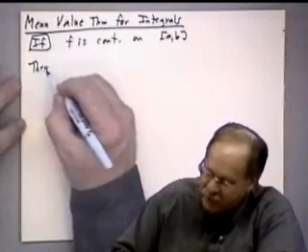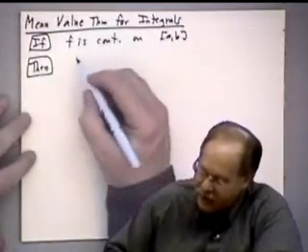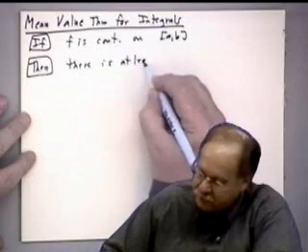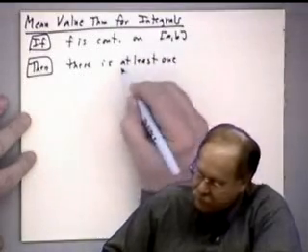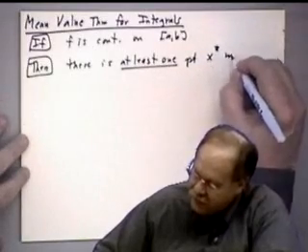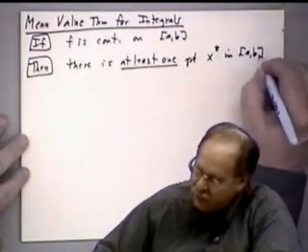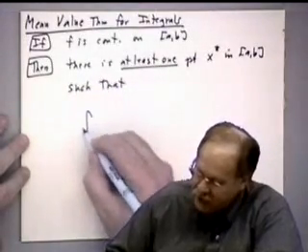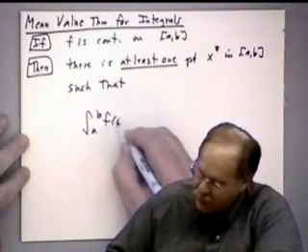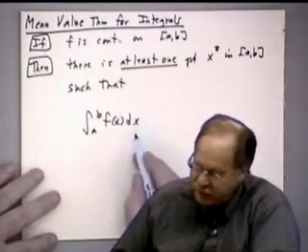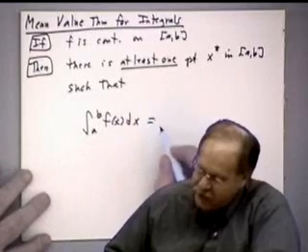Then, here's what the mean value theorem says. It says there is at least one point, which we'll call x star, in the interval AB, such that the actual definite integral, which is more general than area, although I did draw it as a picture of area on the previous page, is actually equal to what?